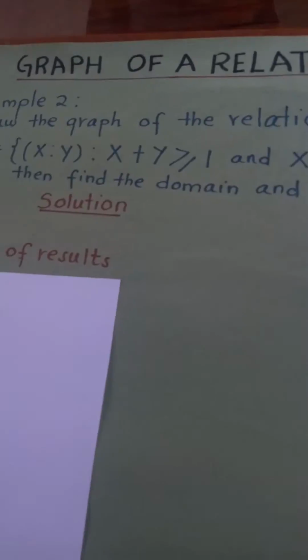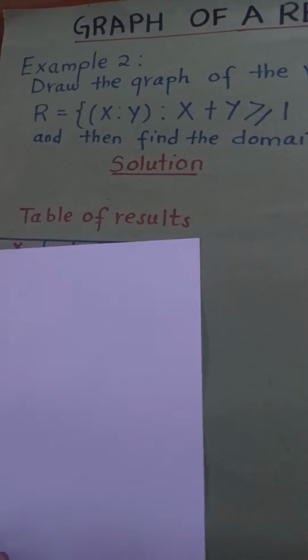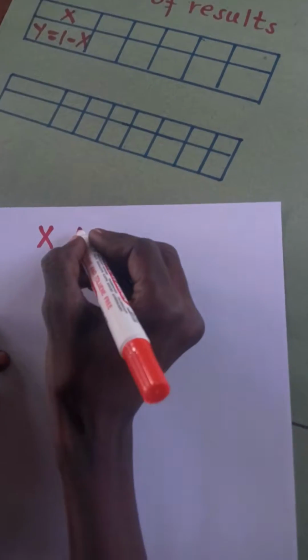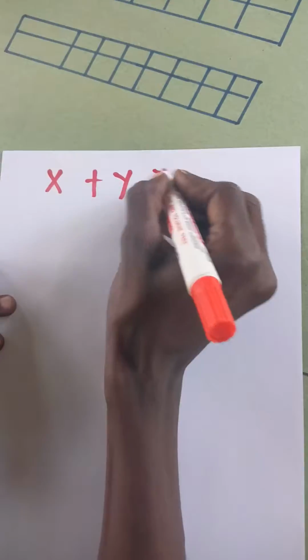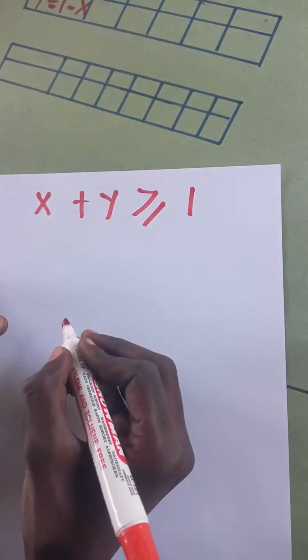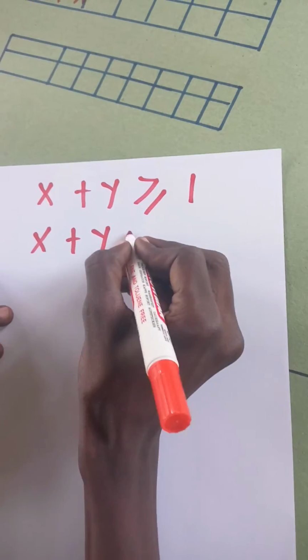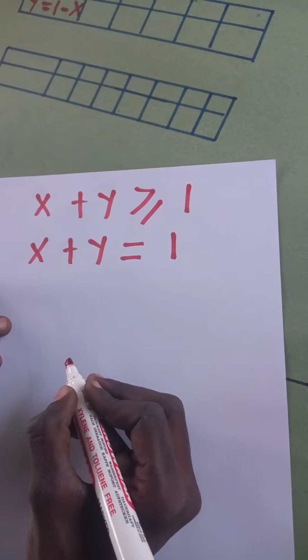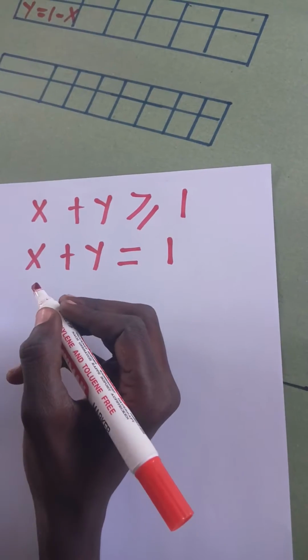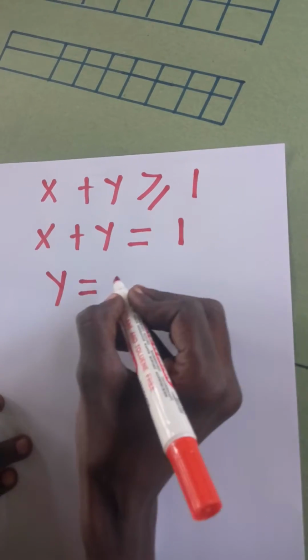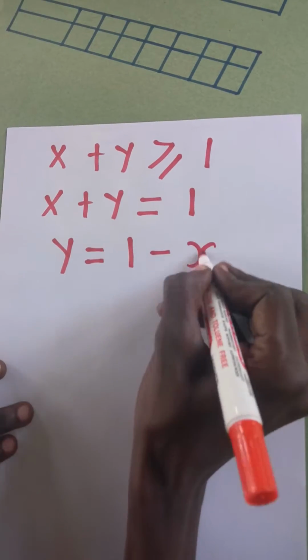Starting with inequality number 1, x plus y is greater than or equal to 1. Therefore, x plus y is equal to 1. We are going to make y the subject of the formula. y is equal to 1 minus x.